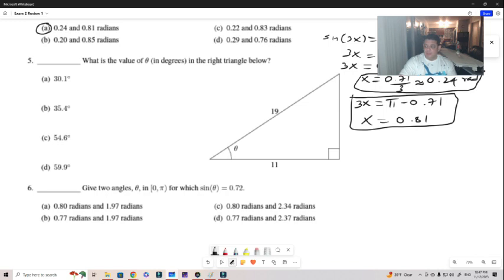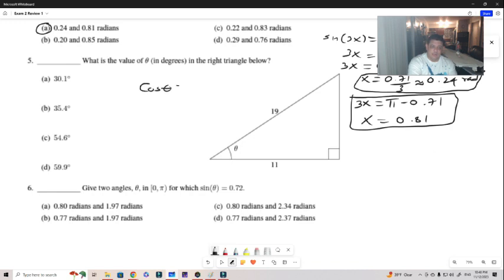Now, question 5 says, what is the value of theta in degrees? In degrees, notice, in the right triangle below. So here is one of those scenarios where we have to be very careful to actually get what they're telling us. In this case it is in degrees. We have the adjacent and the hypotenuse, so we can have a relationship with the cosine, right?